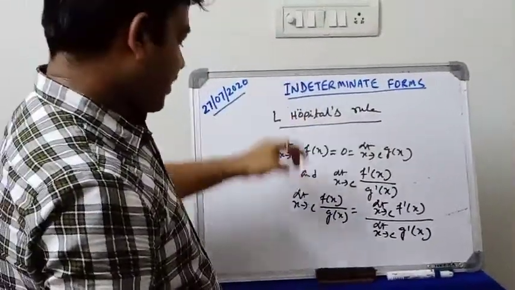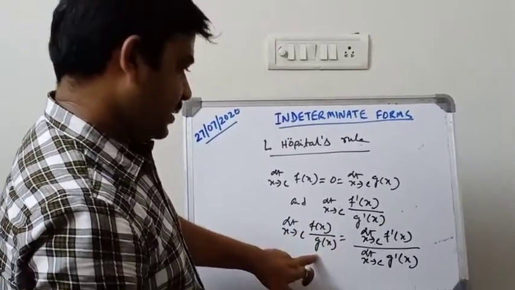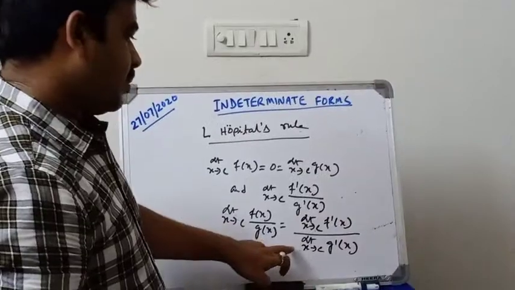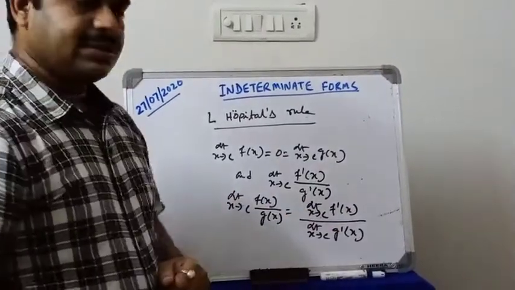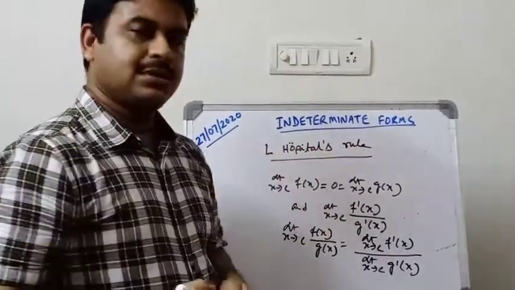By this rule we can write that limit x tends to c, f of x by g of x equals limit x tends to c, f dash x by limit x tends to c, g dash x. That is L'Hospital's rule.